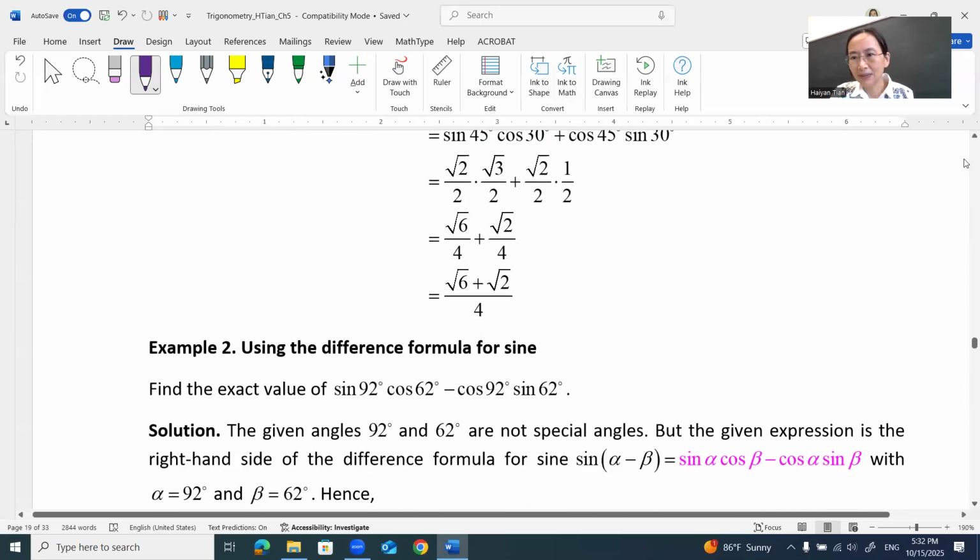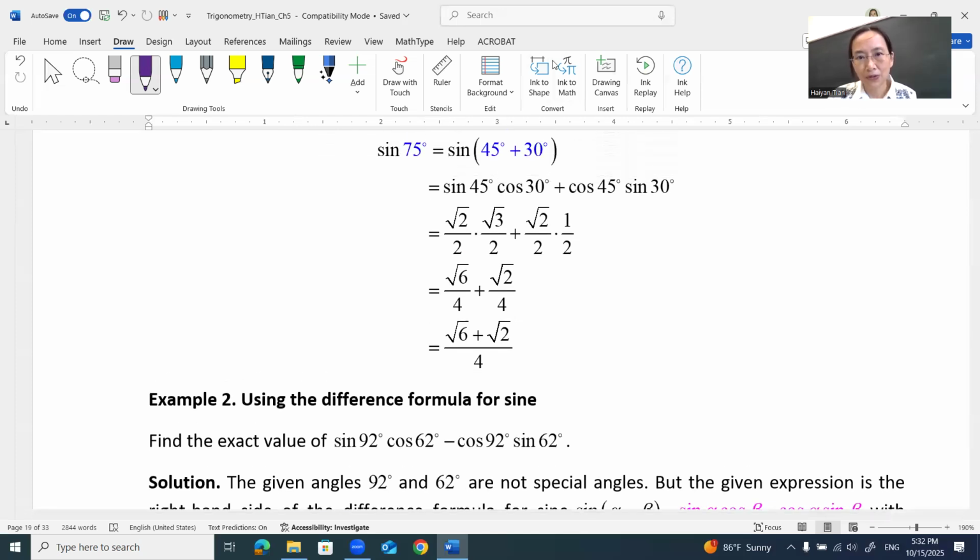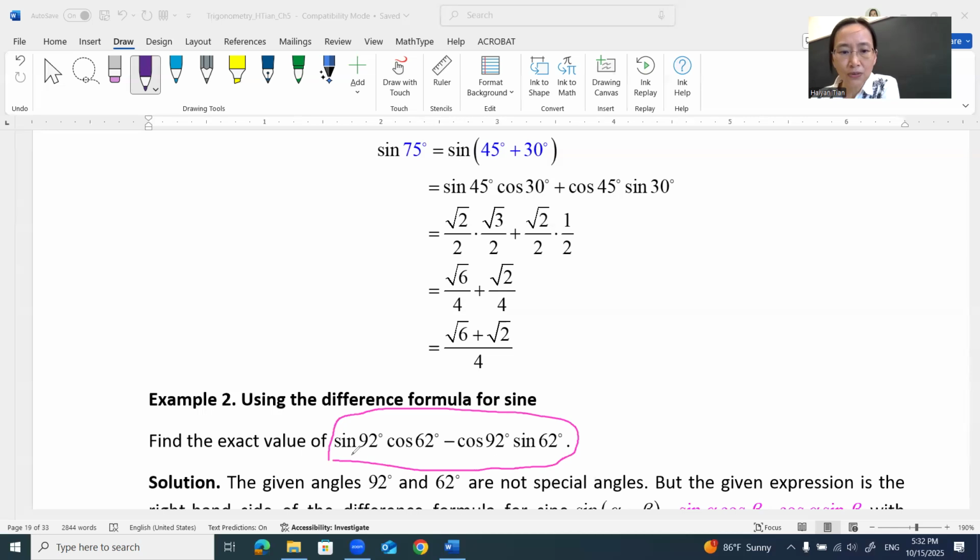Here is another problem. So if you want to find exact value of this expression, is that possible? We do not know the sine of 92. It's not a special angle, and how to find it is not simple, right? Cosine 62 degree, we don't know. That's not a special angle. So we don't know sine 92, cosine 62, sine 62.